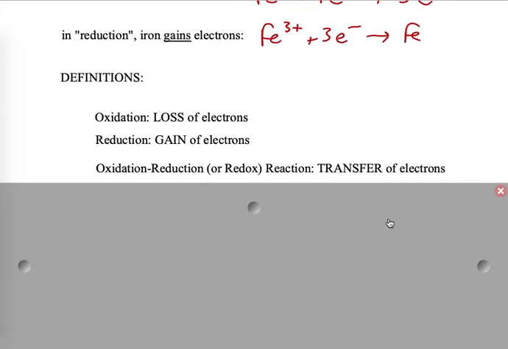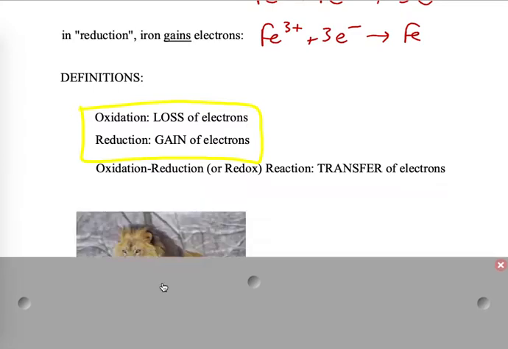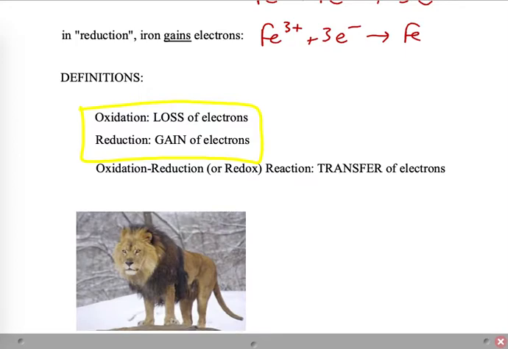Now, it would be good to have a mnemonic device to help us remember these definitions. Oxidation is a loss of electrons, reduction is a gain of electrons. So to help us come up with a mnemonic device, we have our friend Leo the lion. His name is Leo. And Leo says, grrr. What does that mean?